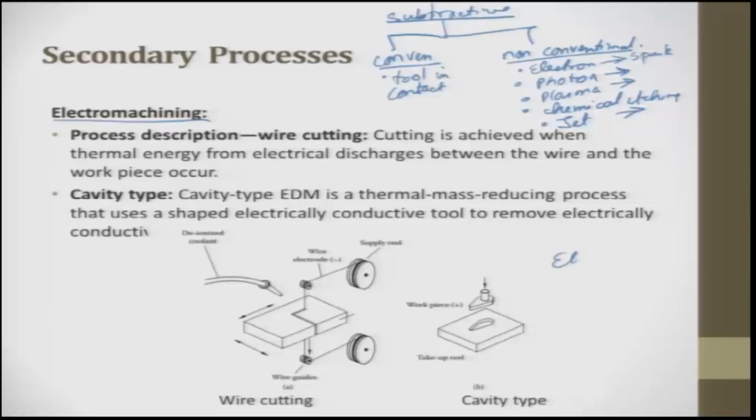So, what we do is we have electrodes, this is negative and this is positive, in between we have a dielectric. So, we bring this as close as possible and then we apply a potential. When it is brought very close to each other and you apply a potential, there is going to be an ionization happening between these two, and once the ionization is matured, there is going to be a spark.